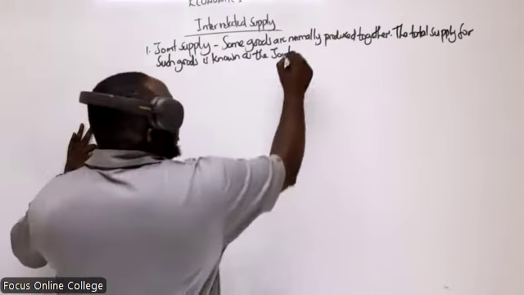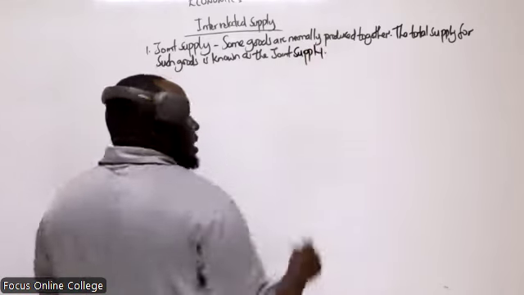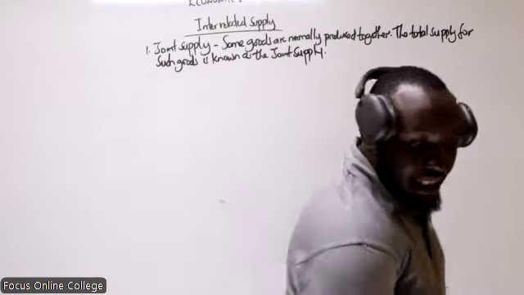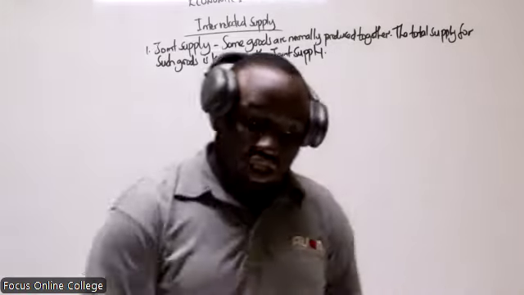Certain goods are basically produced together, and so we understand that the total supply for such goods is known as a joint supply.